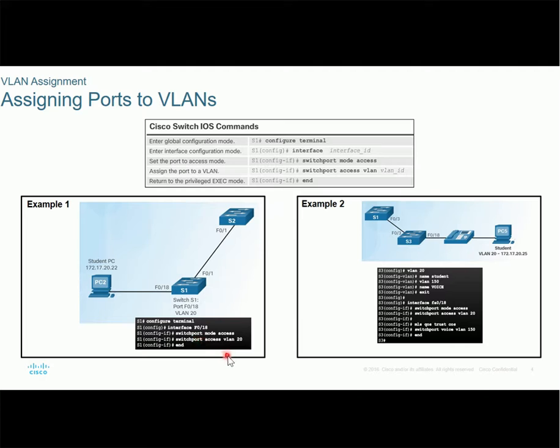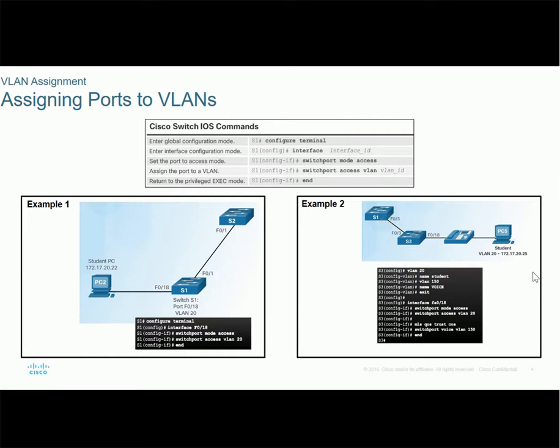Switchport access VLAN 20 now forces the creation of VLAN 20 even if we did not create it in the first place. That's an important point to take note of. Even if you have not created VLAN 20, just by using switchport access VLAN 20, you are already creating a VLAN.